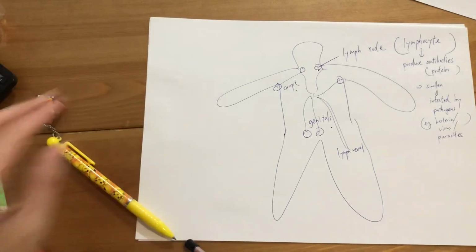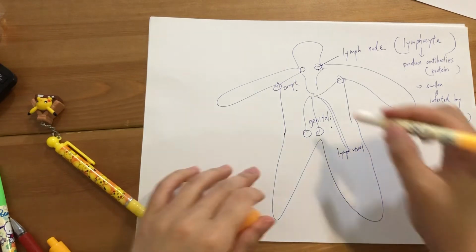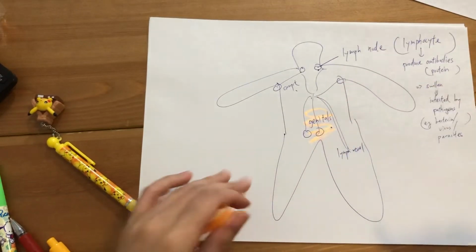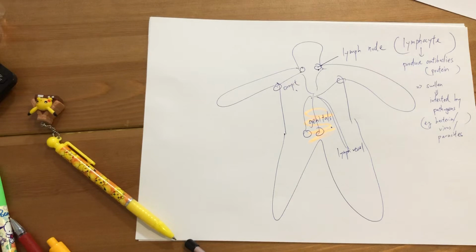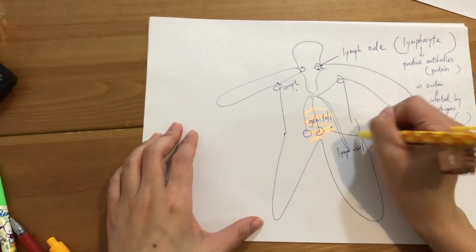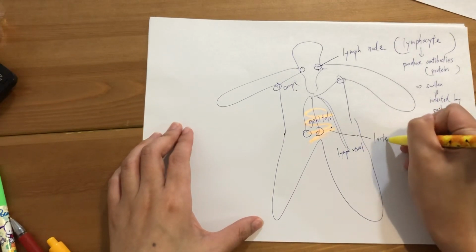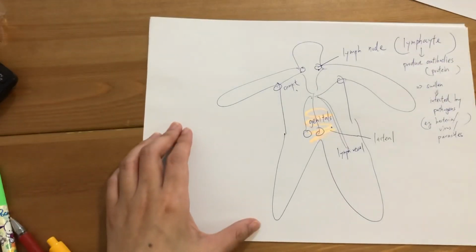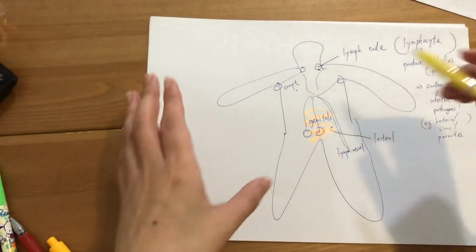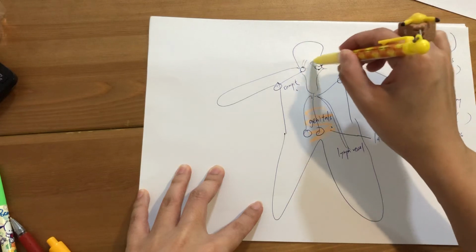And if you remember, around the ileum, this is the ileum. Around the ileum, we have the lymph vessel. We have the name called lacteal. So lymph vessels will be around the neck, so lymph vessels.